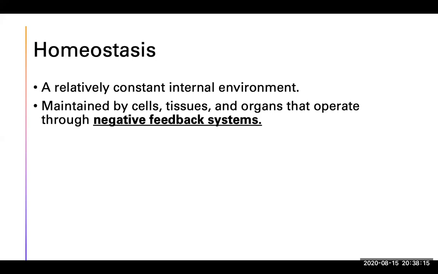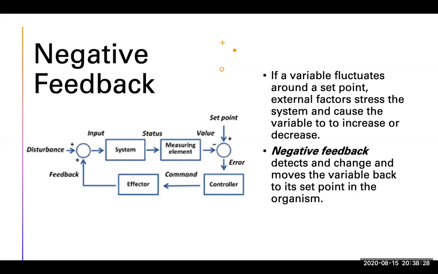So homeostasis, we'll talk about this in lecture, is a relatively constant internal environment, and it's maintained by cells, tissues, and organs that operate through what we call negative feedback systems.